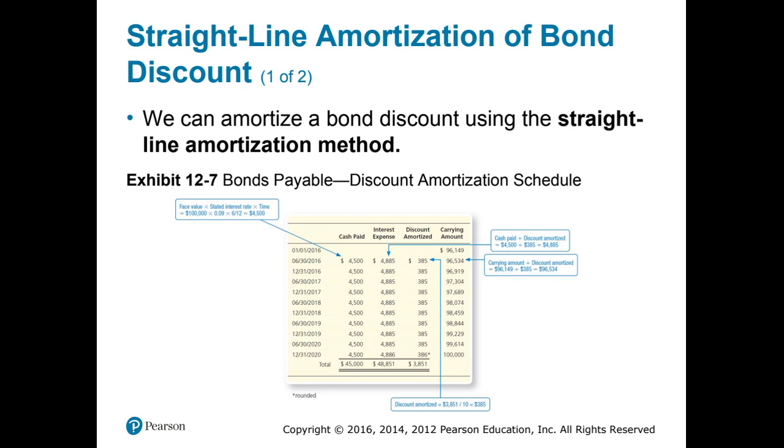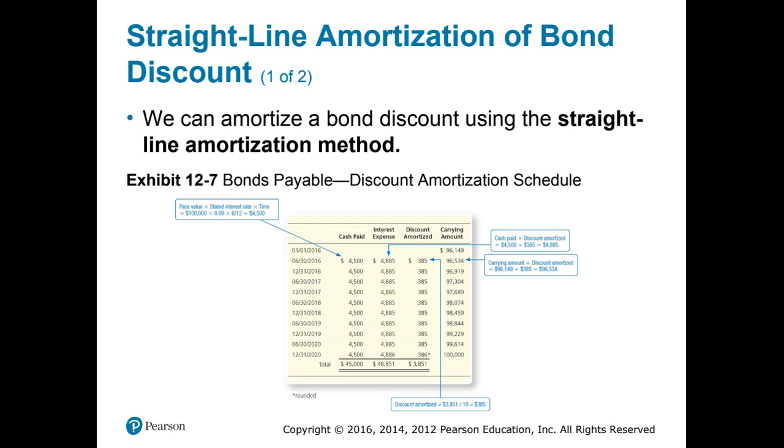Every 6 months, we are making a cash payment of $4,500. Then we've got our interest expense, and we also have a discount that is coming through, and then we're going to be left with the carrying amount.